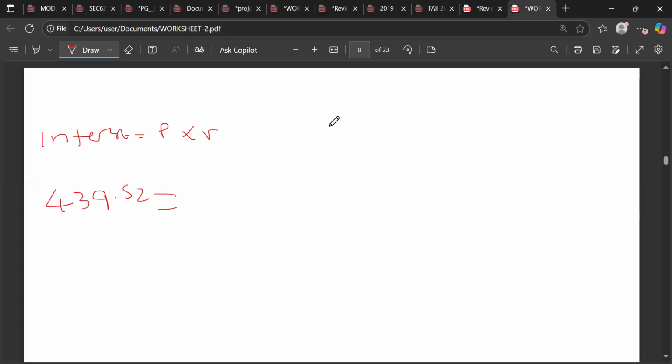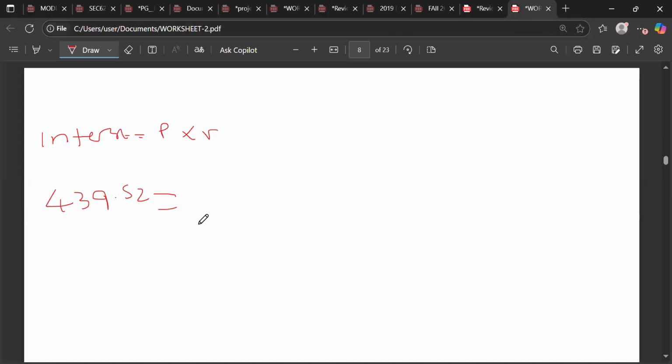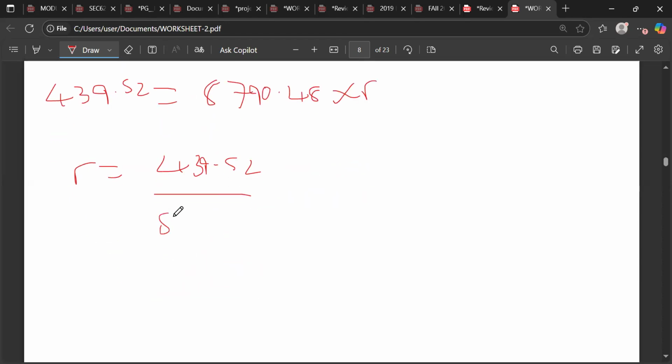Now this is equal to the principal amount, the outstanding amount, 8790.48 times R, which is unknown. So therefore, R in this case will just be 439.52 over 8790.48.